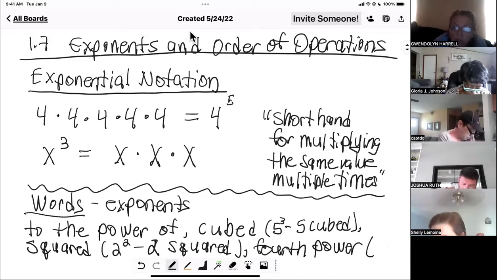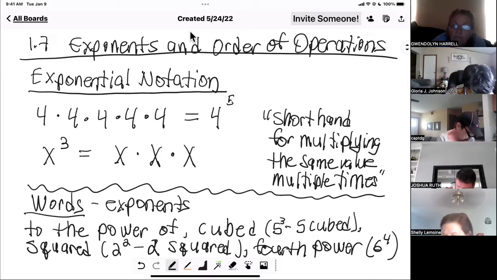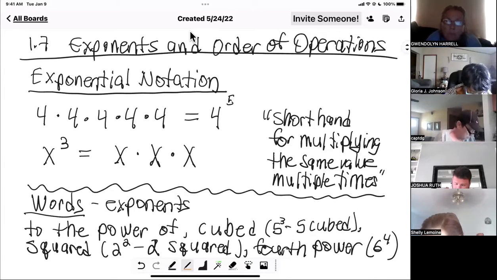Etc. 5th power, 6th power. They're the words you want to look out for when it comes to exponents. Especially, we use cubed a lot, and we use squared a lot. 5 cubed, 4 squared, 9 squared.